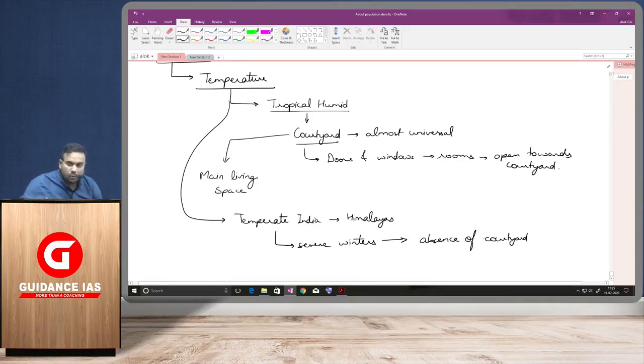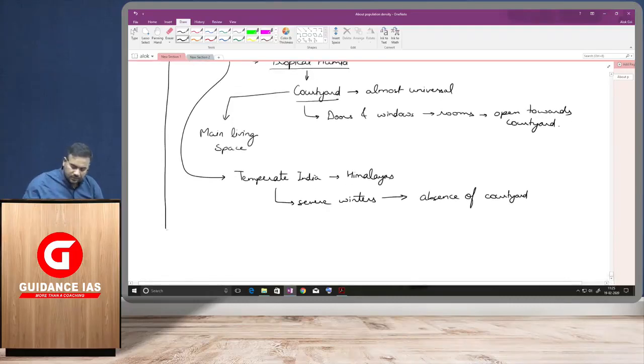Although here also outer courtyard can be found. So influence of temperature you can understand. Then influence of precipitation. Precipitation influence.